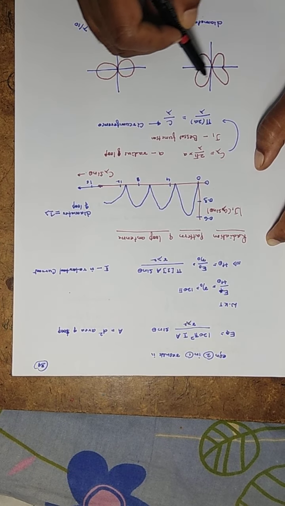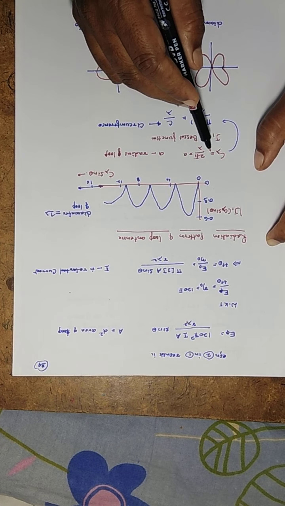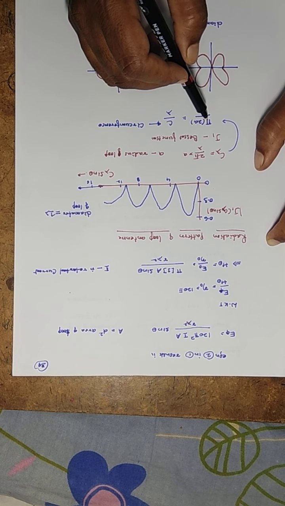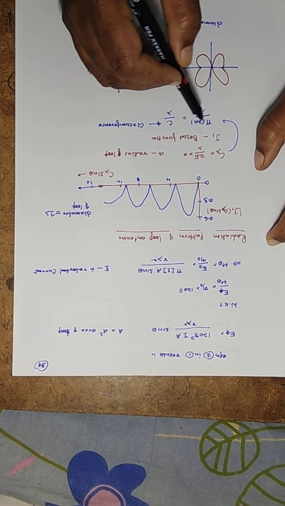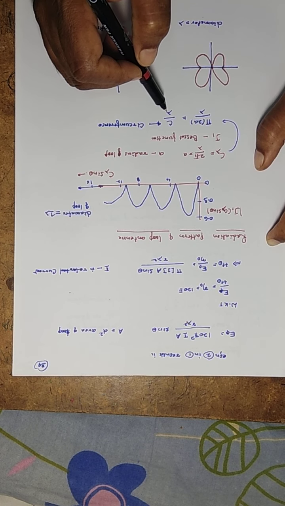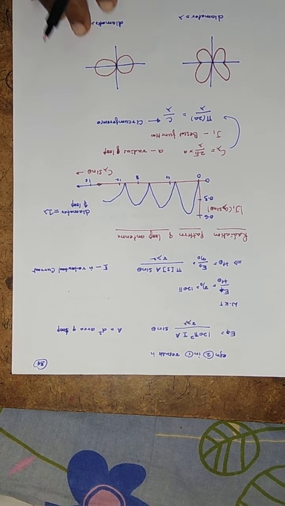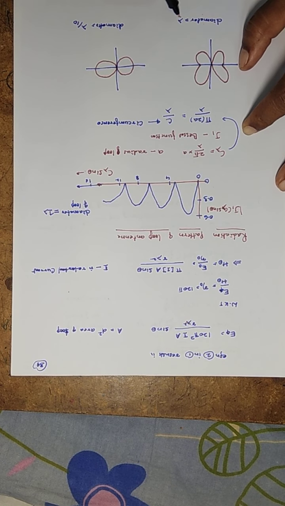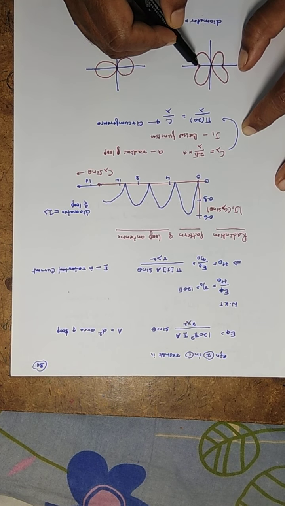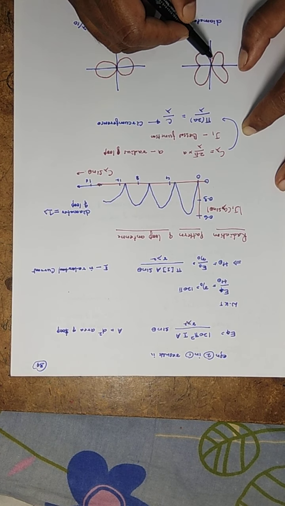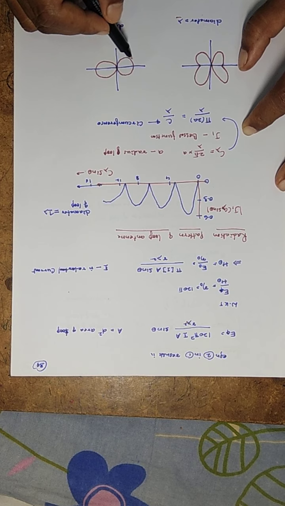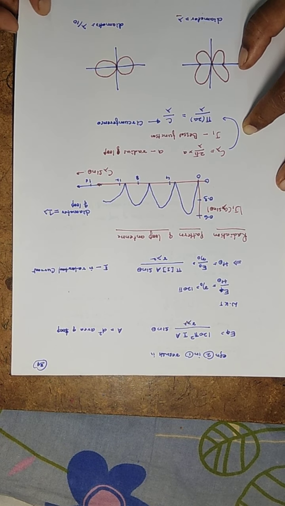I will show that one also. If I rearrange, C lambda will be pi into 2a by lambda. 2 pi a is the circumference, and lambda as it is. If the diameter of the loop is lambda, then the field pattern will be something like this butterfly. If the diameter is lambda by 10, then it will be something like a figure of 8.